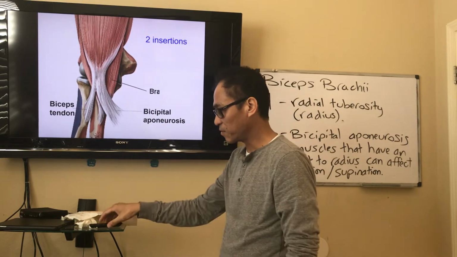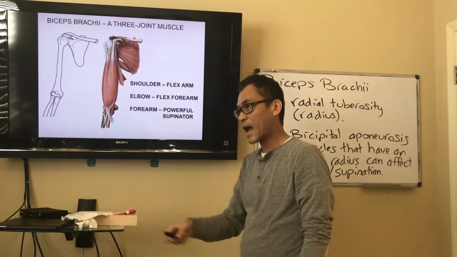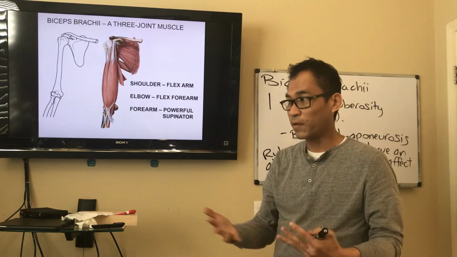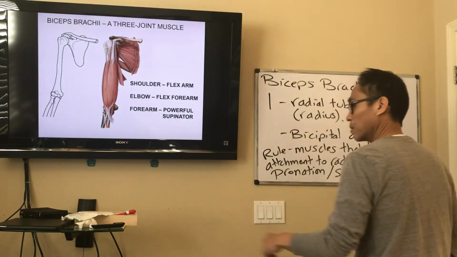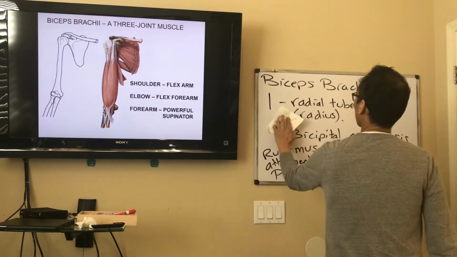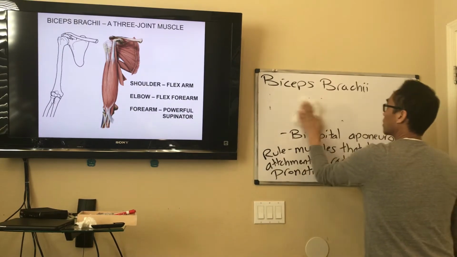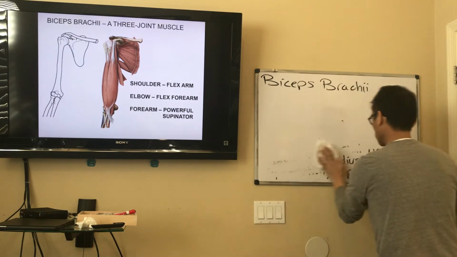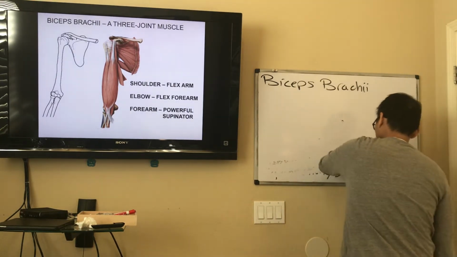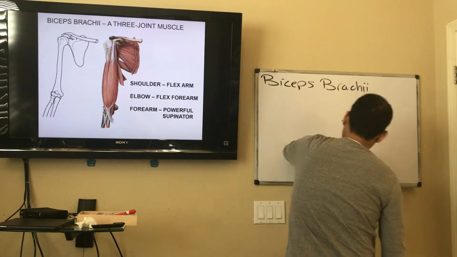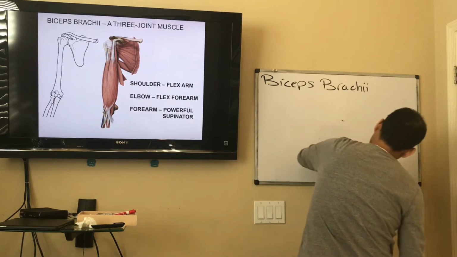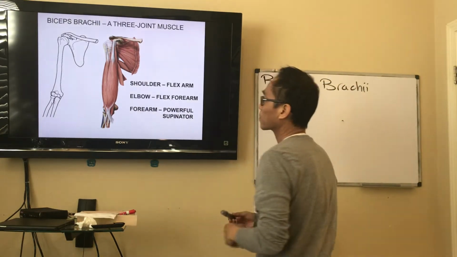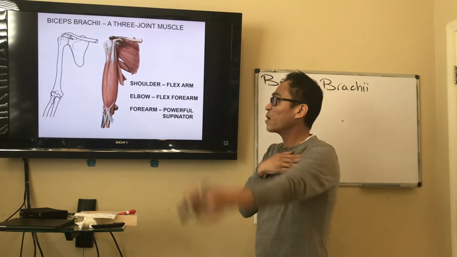Let's go over the actions of this muscle. In learning the actions of biceps brachii, well, it's a three-joint muscle, so it can do three things, and they're listed here. Think of the shoulder joint right here.